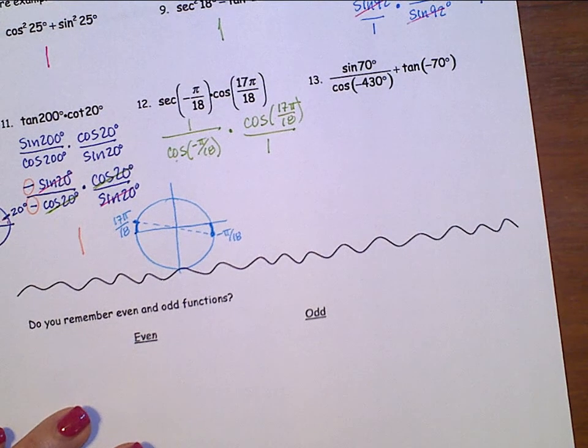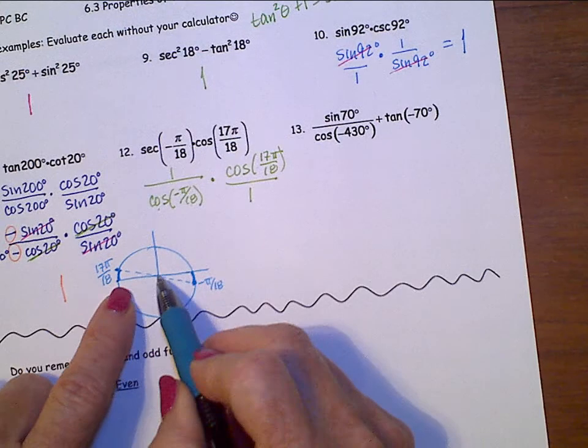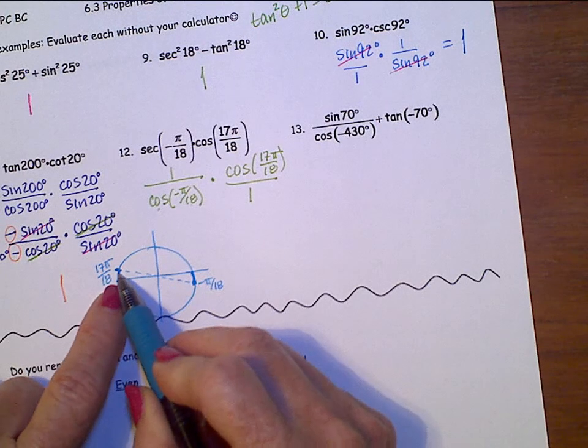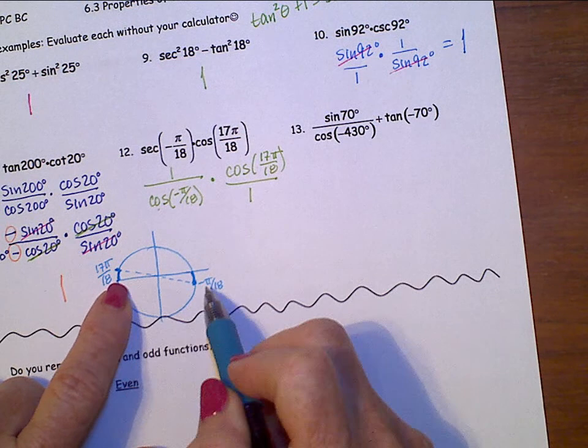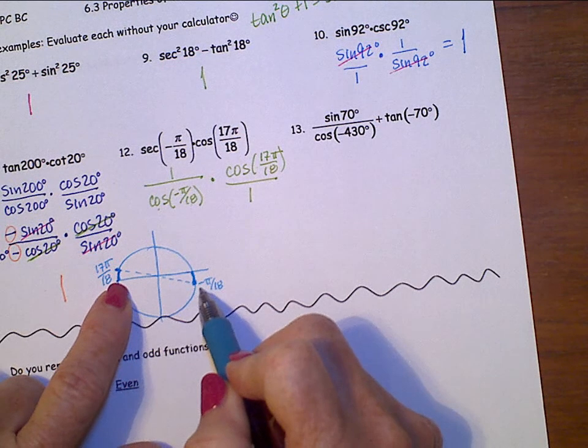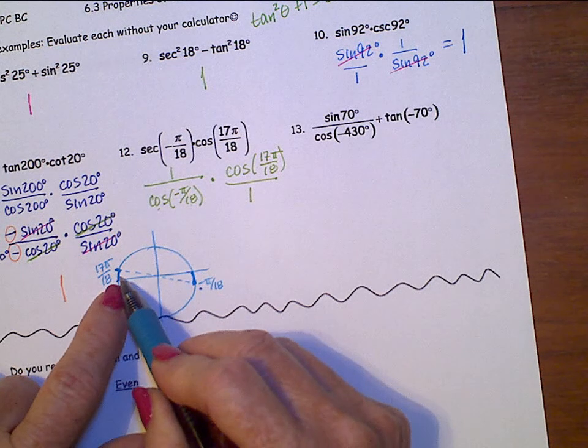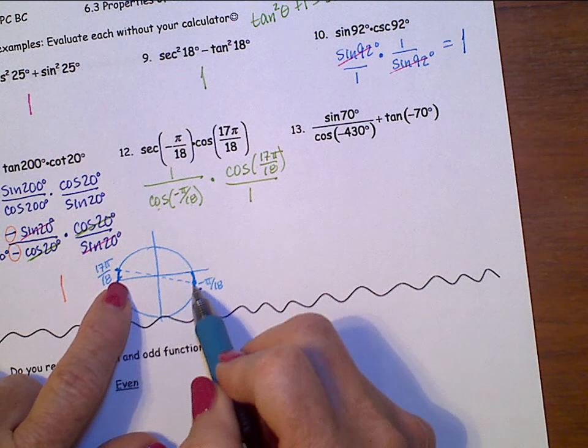Look at their cosine values, please. How is the cosine of 17 pi over 18 related to the cosine of negative pi over 18? Cosine here, which is the x-coordinate, versus the cosine there, they are just opposite signs.